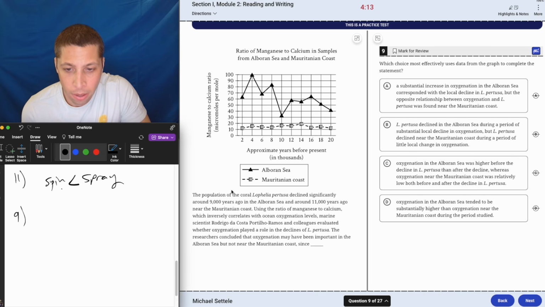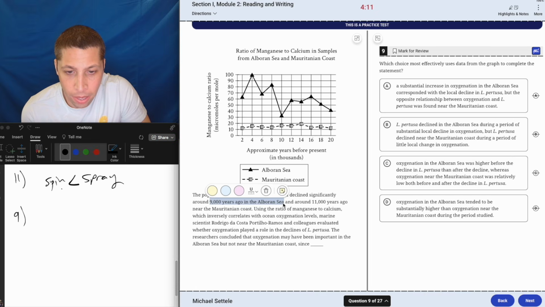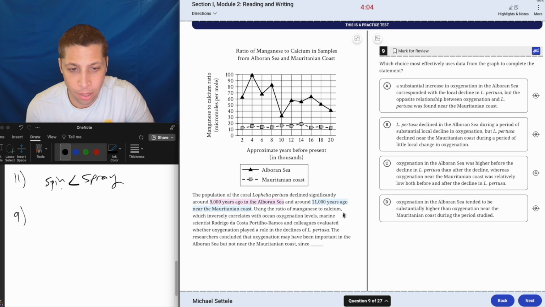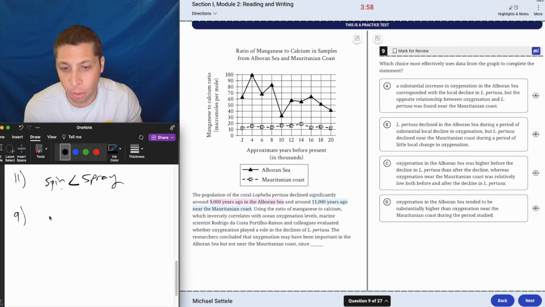So, okay. 9,000 here, 11,000 here. Using the ratio of manganese to calcium, which inversely correlates with ocean oxygenation levels. Okay, so the ratio, so if you increase the ratio, you're going to decrease the oxygen.